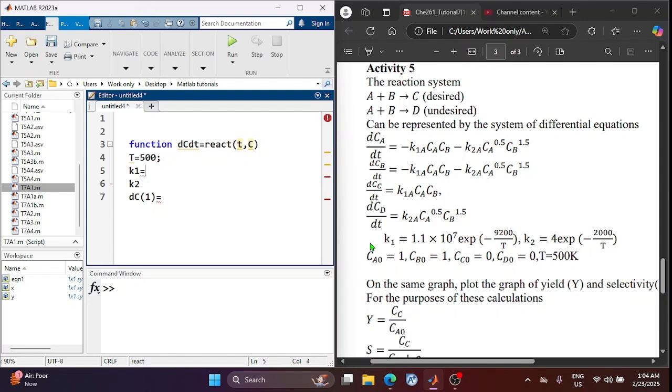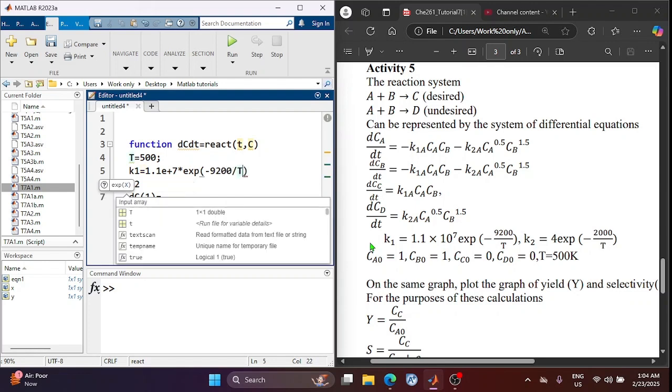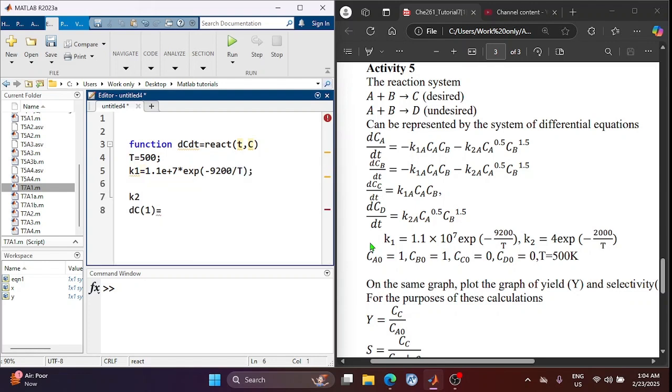So K1 is equal to 1.1 times 10 to the power 7 times exponential minus 9200 over T. And then K2 is 4 exponential minus 2000 over T. So I have that down.